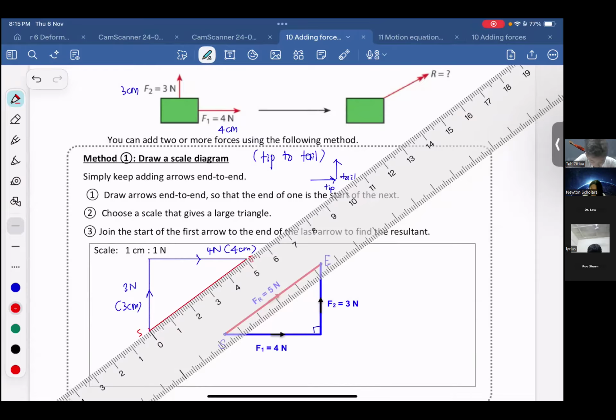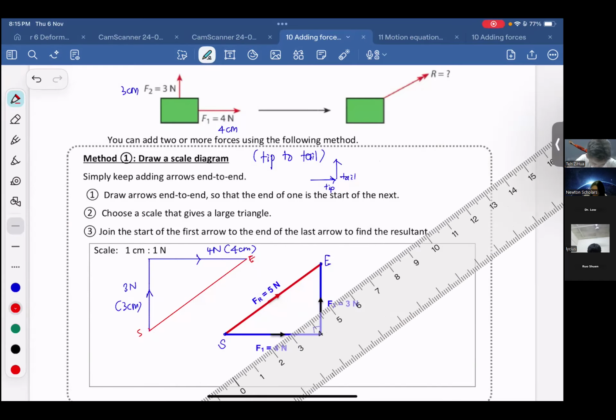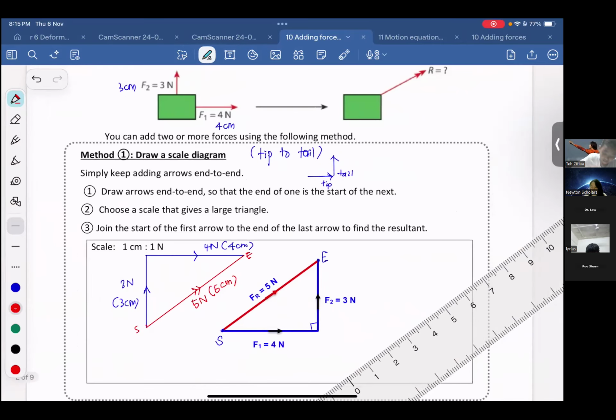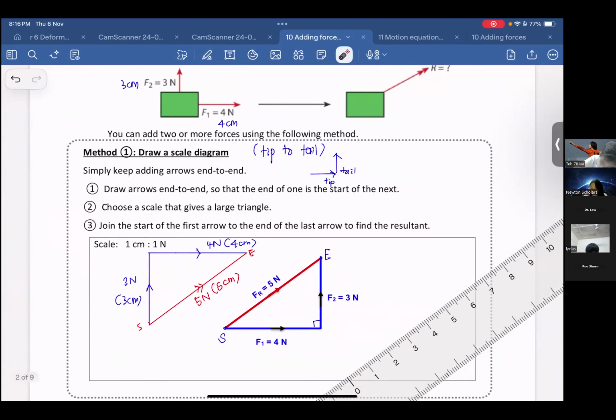How many cm? 0 to 5 cm. Can you see? This is my resultant force. So no matter what method I use, this is 5 Newton because it measures 5 cm. No matter which one I use, at the end I get the 5 Newton, the same answer.